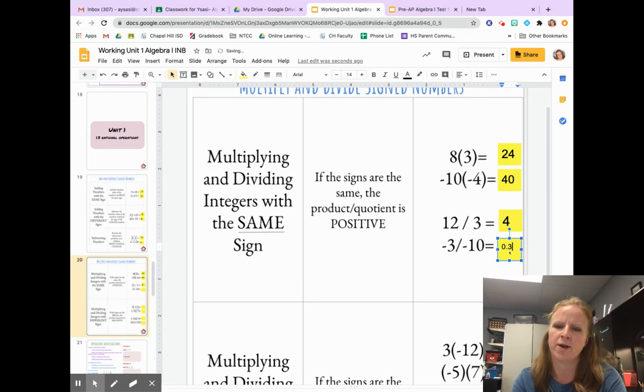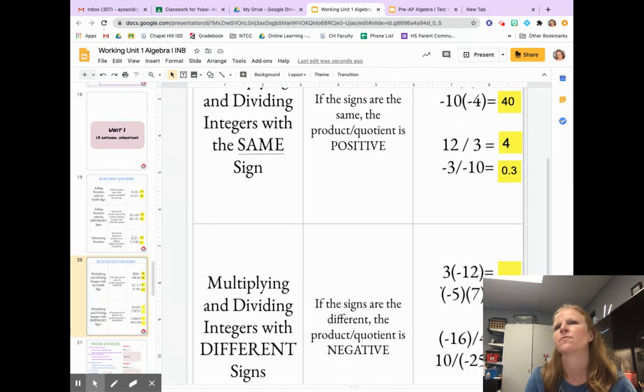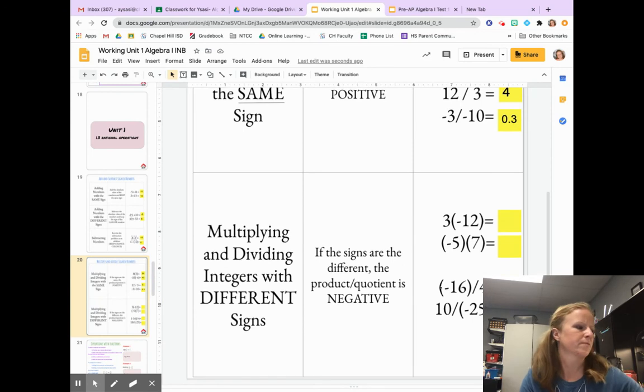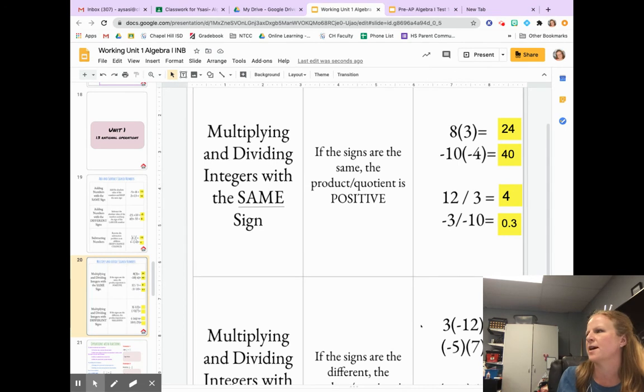So 0.3. Okay, so that's whenever they're the same sign. If you're multiplying two integers with the same sign, they're always going to be positive.